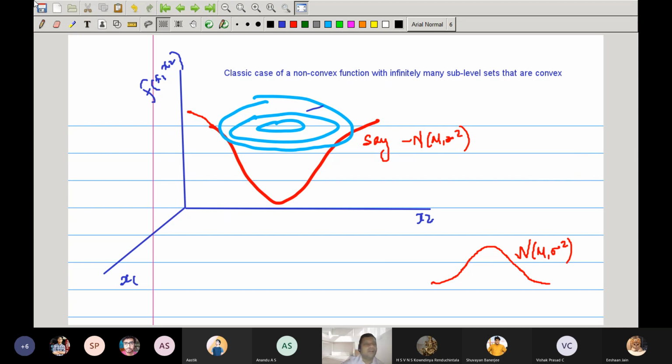These are all different values of alpha. You think of this as alpha 1, alpha 2, and so on. So you want to prove it for all values of alpha.